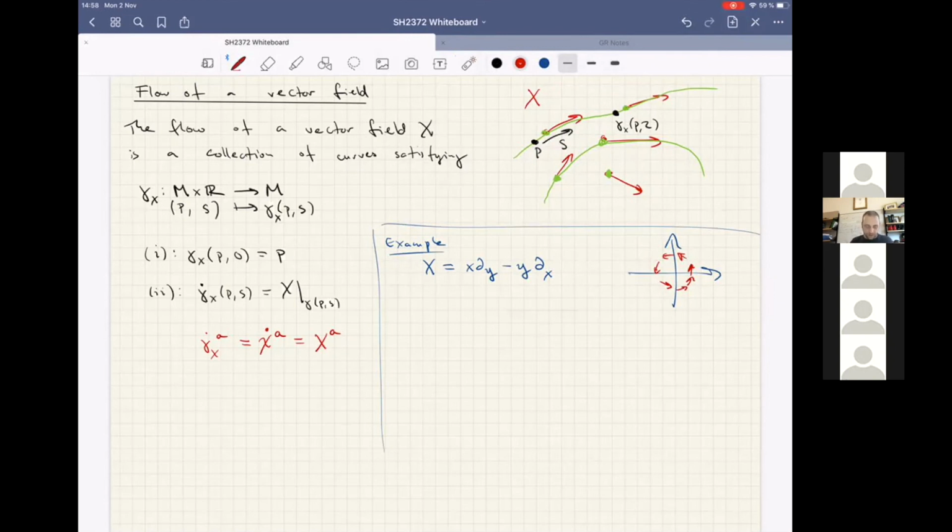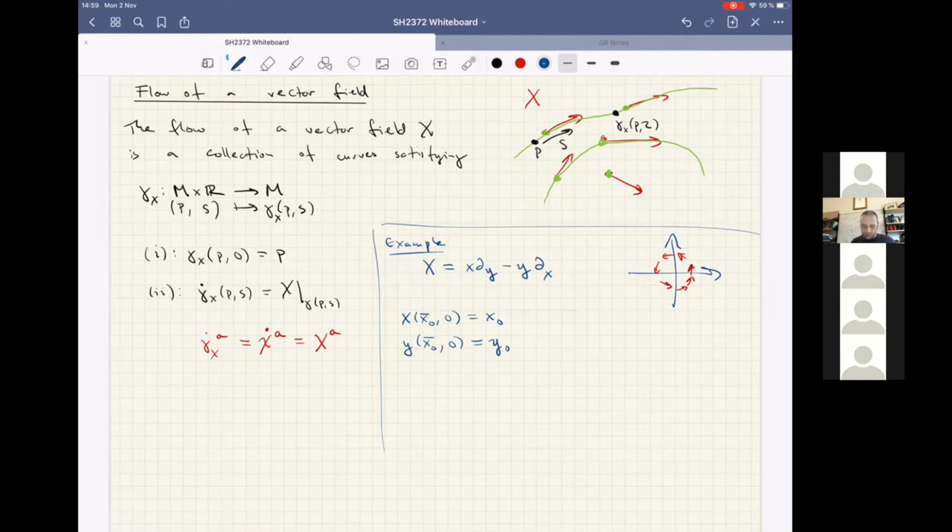So if we look at these two requirements, first of all, x of 0, if I start at x0 and have curve parameter 0, this should be equal to x0. And the same thing for the y coordinate, this should be the y coordinate at curve parameter 0.